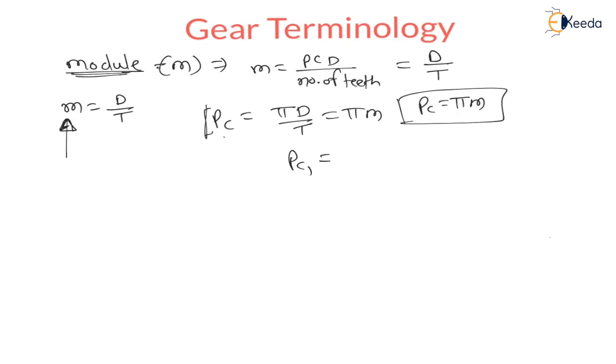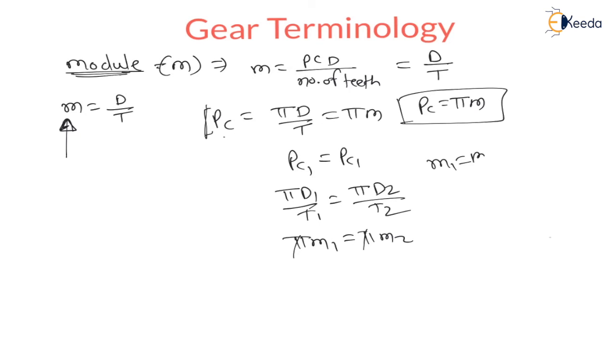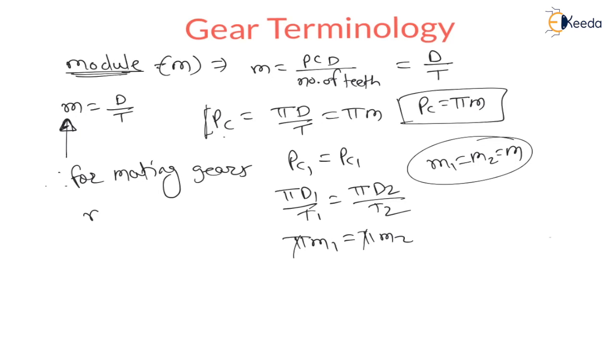We have seen for mating gears PC1 is equal to PC2, which is pi d1 divided by t1 is equal to pi d2 divided by t2. Therefore pi m1 is equal to pi m2, pi will get cancelled. Therefore for mating gears module is the same or constant. Therefore for mating gears module must be the same.